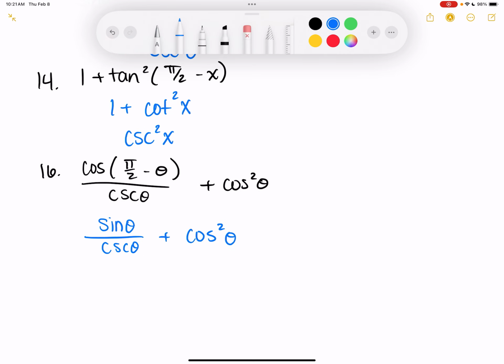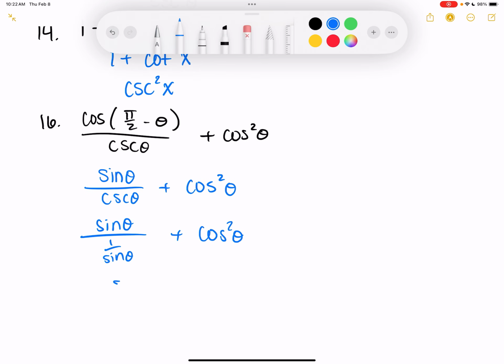Now what can I rewrite? The cosecant. As what? 1 over sine. Yep. So sine of theta over 1 over sine of theta plus cosine squared of theta. What is this going to be equivalent to? Sine squared. Sine squared, because keep, change, flip. So sine squared of theta plus cosine squared of theta is equal to what? It's an identity. 1.